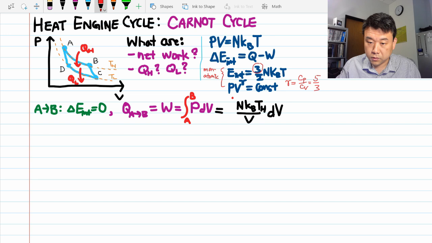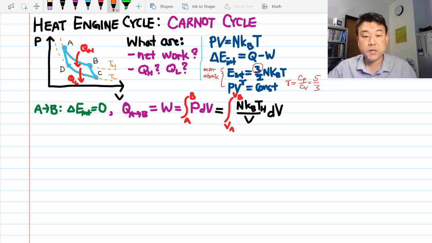And the integral goes from volume A to volume B. So here, as you can see, there are many different pressures and volumes. So I'm just going to specify any particular value using the subscripts. It'll turn out that because of these constraining relationships between pressure and volume, there's really only about 2 free parameters here. But until we reduce it down, I'll just use a subscript.